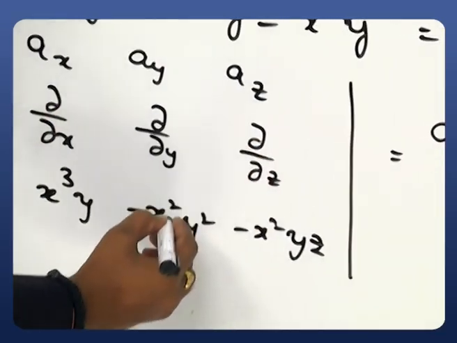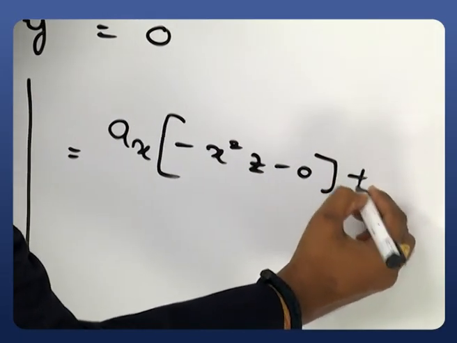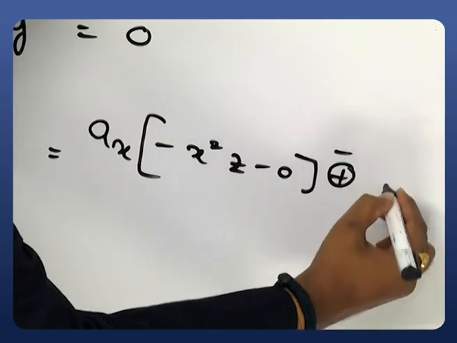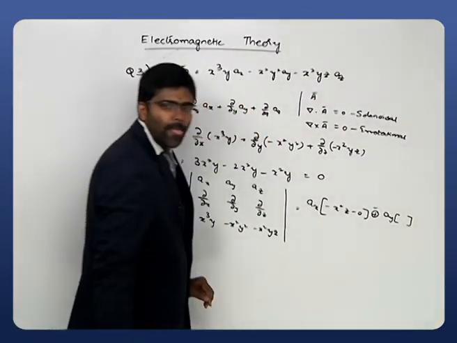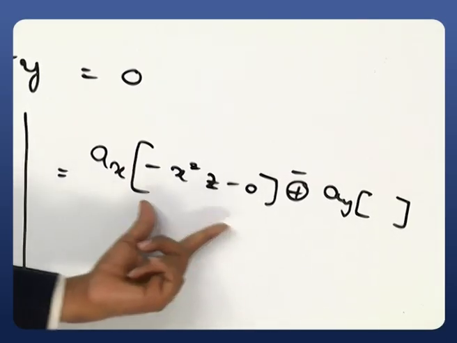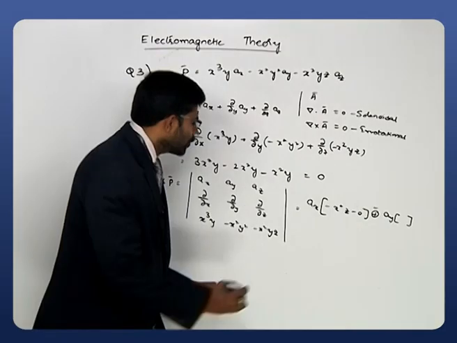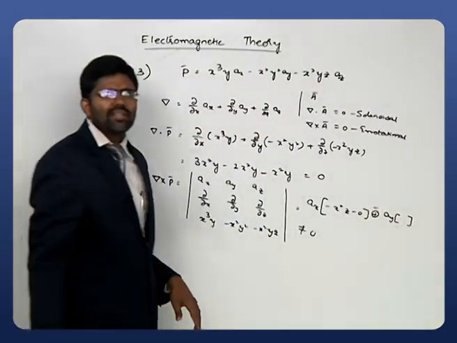Since the differentiation is with respect to z, what we get is 0, minus ay, you may get something, but observe here, even for the first product what we are getting is ax into something, right? This is not equal to 0. No need to go for the ay term and az term.